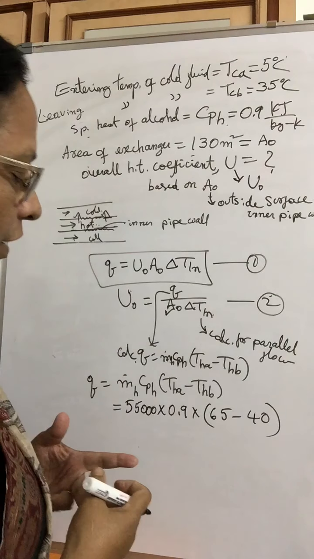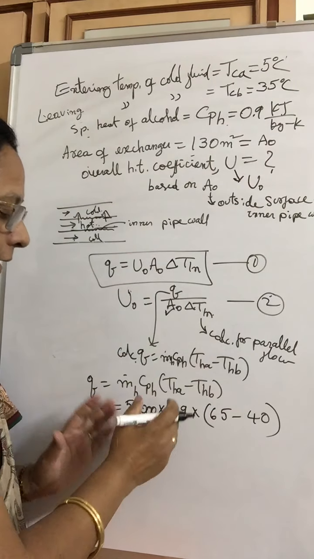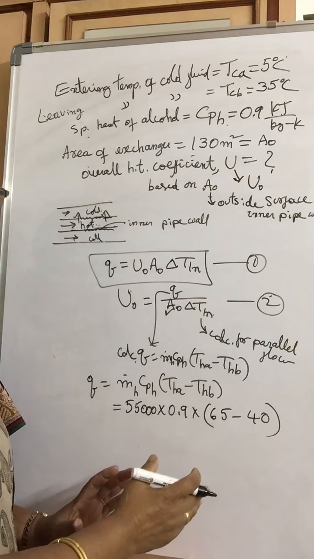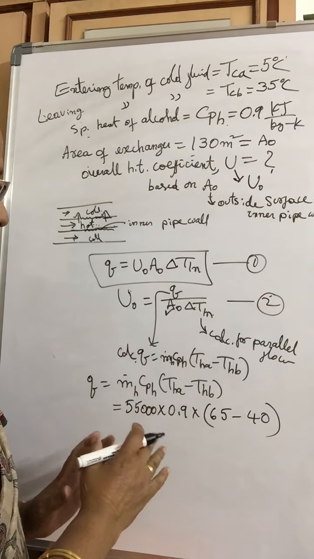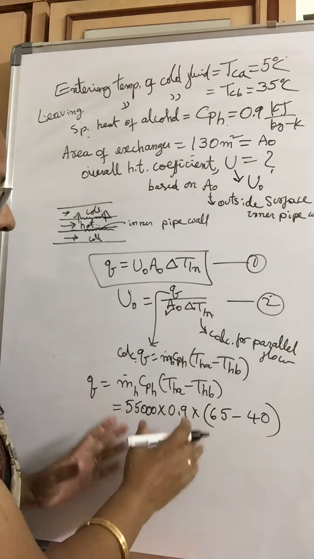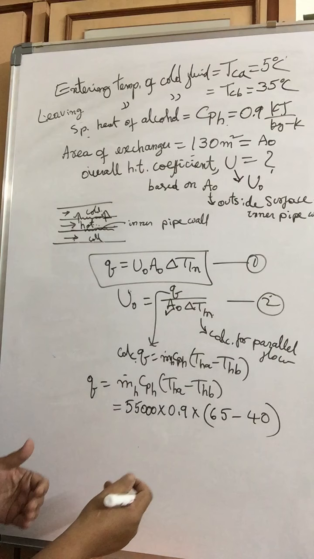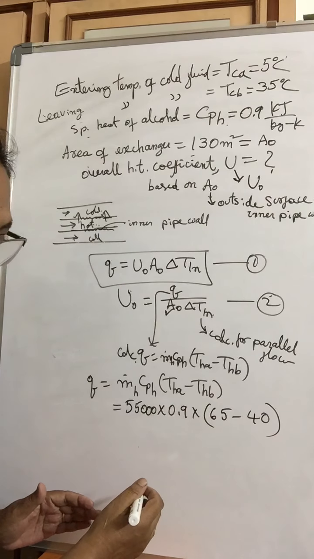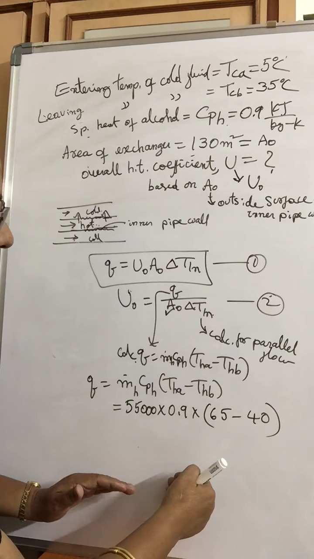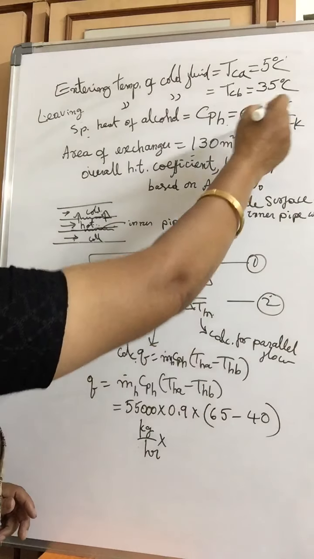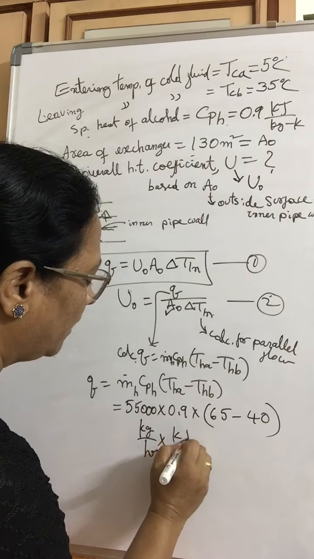Now you should be careful in writing the units, because when you are doing calculations you need to check once properly whether the units are consistent or not. In order to do the problem correctly, you better follow this method. Below this you substitute the units and check. What is 55,000 here? That is kg per hour. And 0.9 is what?